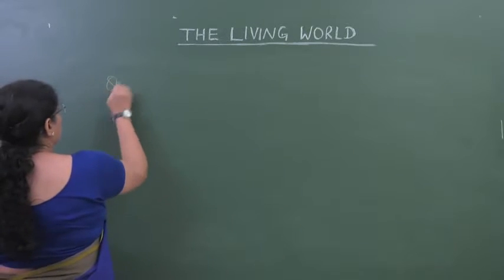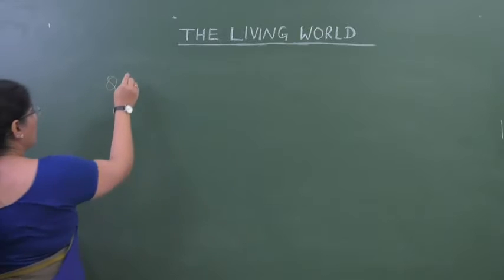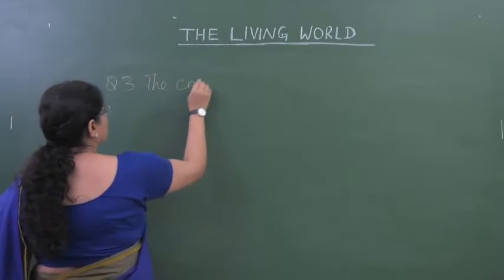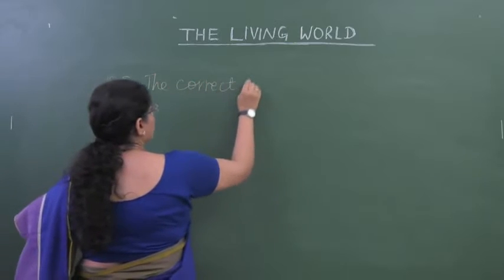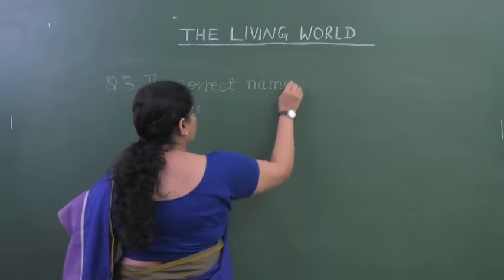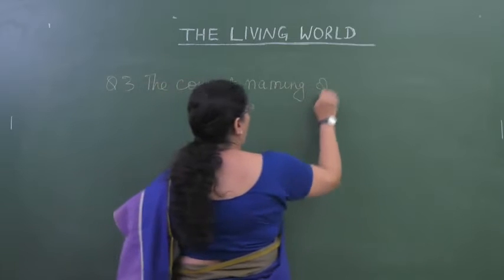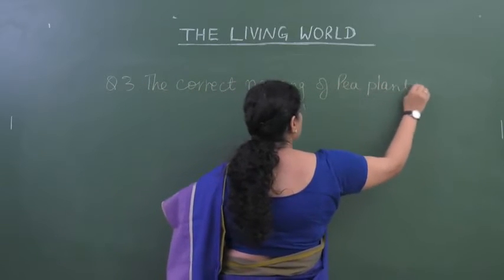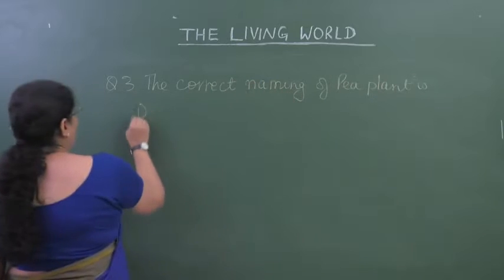Question. So we have done 2 questions earlier. Question 3. The correct naming of pea plant is 1.